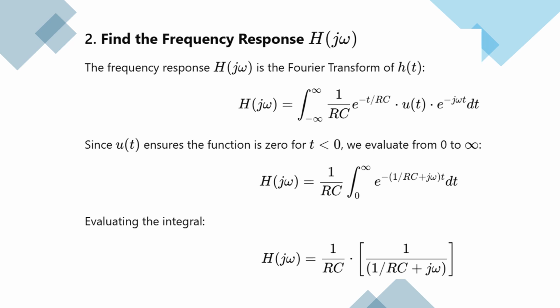You can see here H(j omega) will be equal to 1/RC into 1 divided by (1/RC plus j omega). So this is the frequency response of h(t), the RC circuit having the equation 1/RC e to the power minus t/RC.